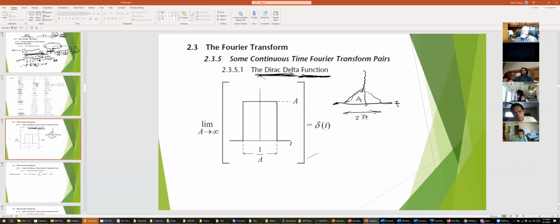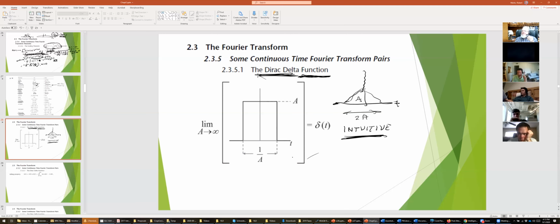So this is just, by the way, an intuitive definition. This is the way that we as engineers like to think about the Dirac delta. The important thing, it has zero width, infinite height, and it has 1 as its integral. It has an area of 1.